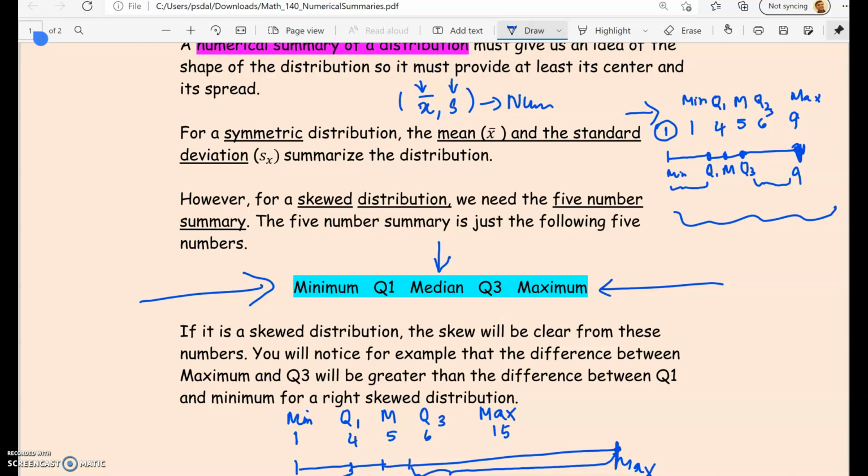But if you have to describe the entire distribution, not just the center, then for a symmetric distribution, all we need is 2 numbers: the mean, x bar, and the standard deviation, s. However, if the distribution is skewed and we want to describe the entire distribution, then we will need the 5-number summary, which is the minimum, Q1, median, Q3, and the maximum.